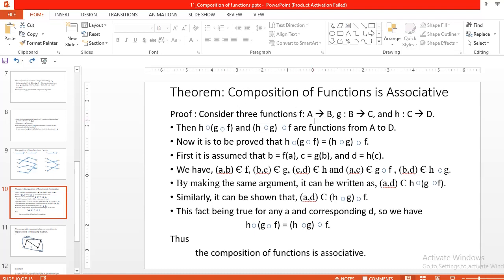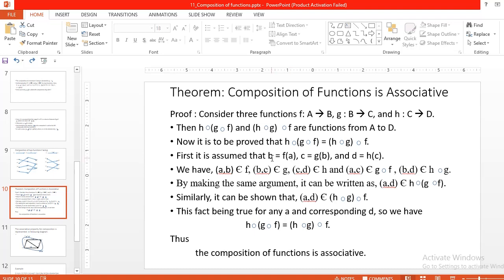F is from A to B, G is from B to C, and H is from C to D. Then H composition G composition F, and H composition G composition F, are functions from A to D. Now it is to be proved that H composition (G composition F) is equal to (H composition G) composition F.